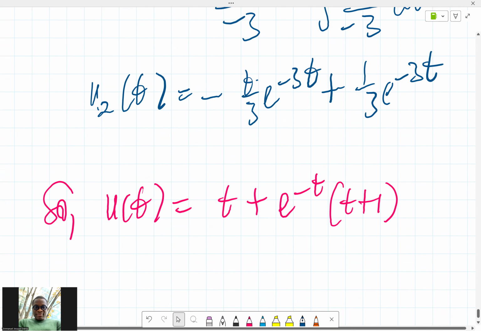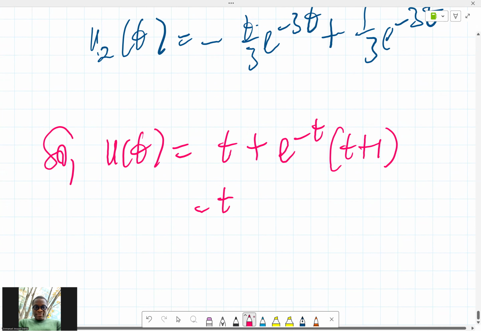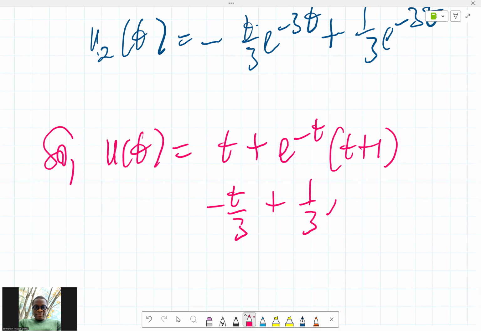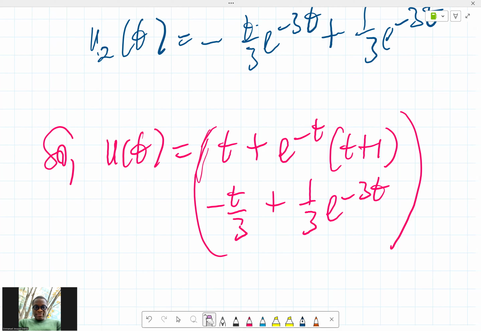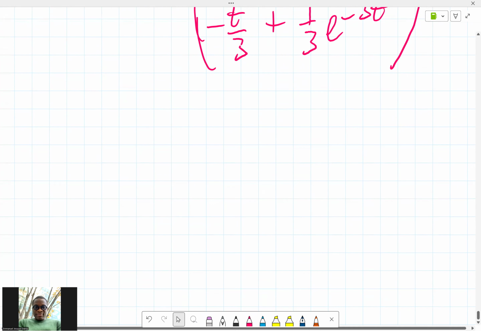Then down here, we have minus t over 3 plus 1 over 3 e raised to minus 3t. So this is our u of t. So in the next step now, we just compute.